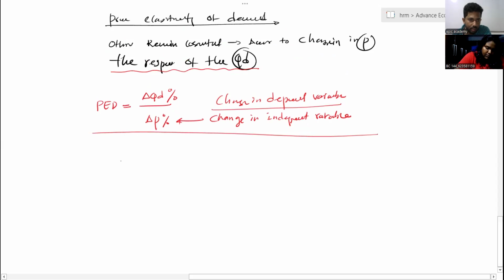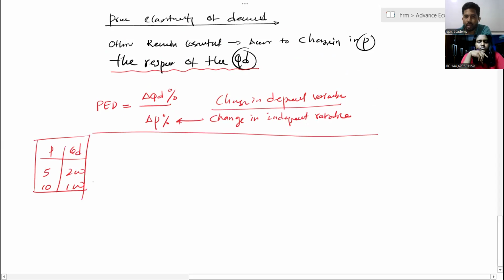As an example, let's consider this price schedule, demand schedule: 5, 10, and 200, 100. Now you are going to calculate the price elasticity of demand at the point of 5. When the price is equal to 5, you are going to calculate the price elasticity of demand.